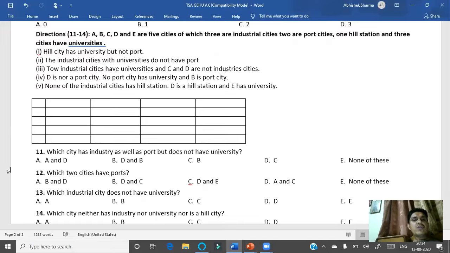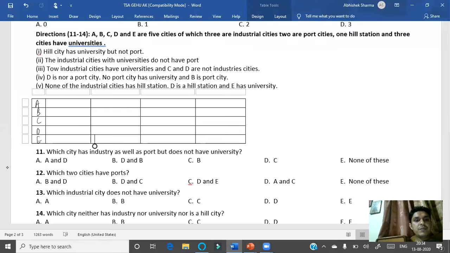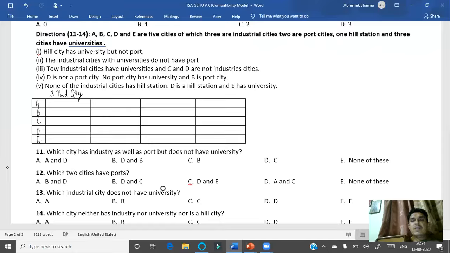So here also we don't have any name of days or months. So just write the names like A, B, C, D, and make that the master column. Thereafter he is saying that 3 are industrial cities, so we can make this a column, industrial city, and the number of industrial cities is 3.